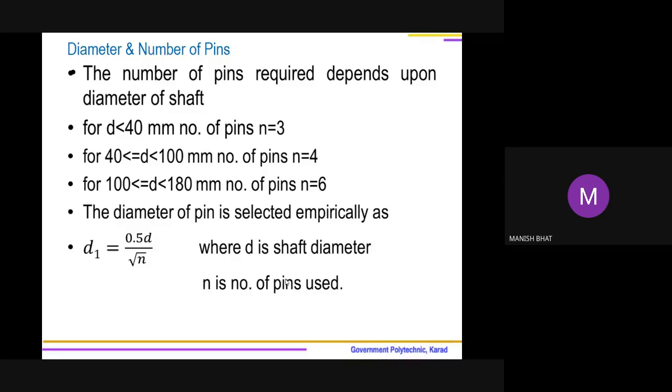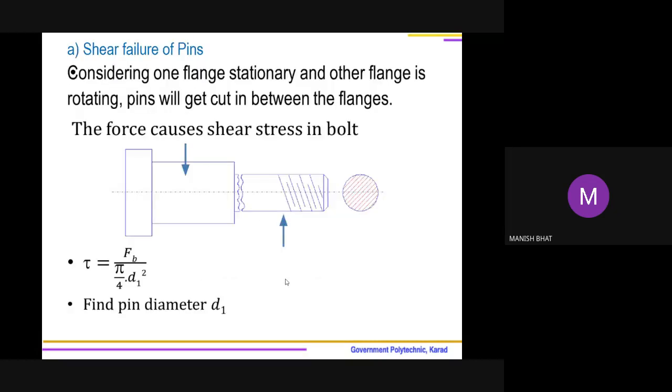So in bush pin type flexible coupling, always we will be determining diameter by using this empirical relation. This empirical relation is important to select the diameter of the pin D1, and that is equal to 0.5 d upon under root n.